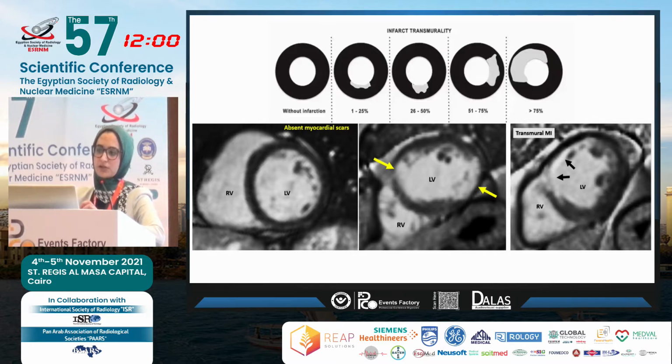So these are actually the patients that need to go and get revascularization techniques, because these are the patients who will benefit from such techniques. It has been proven that if you have a scar that is more than 50% or transmural scar, these patients will not benefit from such techniques. So it's really a cost-benefit balance that you need to answer.